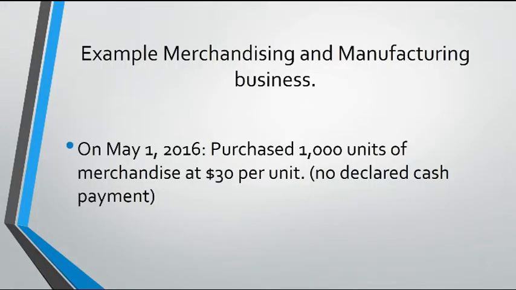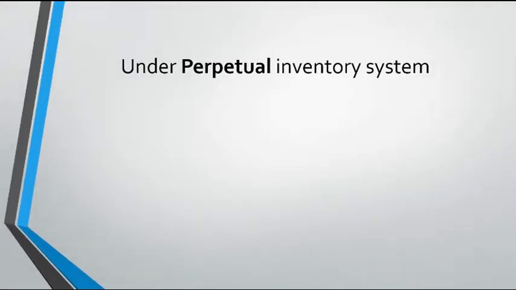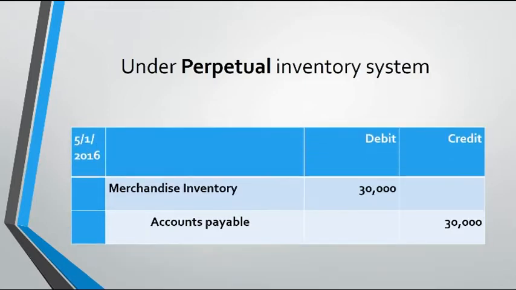Now, let us have an example of a merchandising and manufacturing business. So, on May 1, 2016, we purchased 1,000 units of merchandise at $30 per unit. So, since based on the statement, there is no declared cash payment for the purchased 1,000 unit, we assume na under perpetual inventory system, ang magiging journal transaction natin will be like this one.